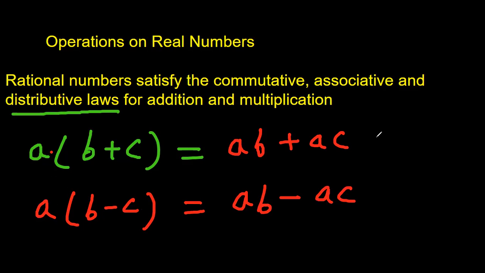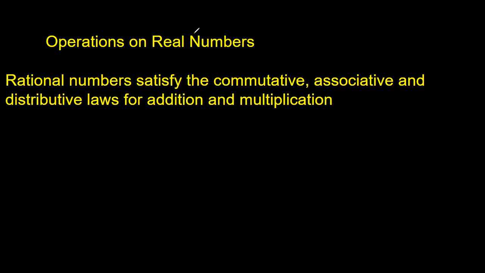So this is called the distributive law of multiplication over addition or subtraction. So what we learn is that rational numbers are commutative, they are associative, and they are distributive for addition and multiplication.